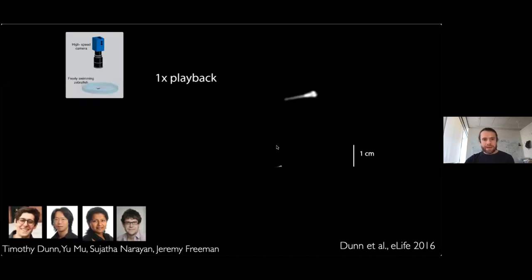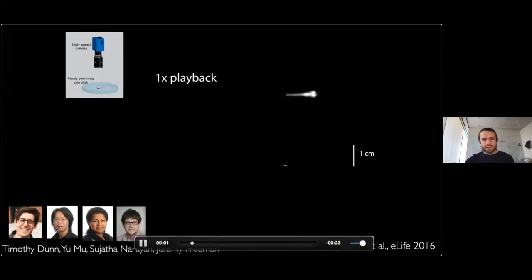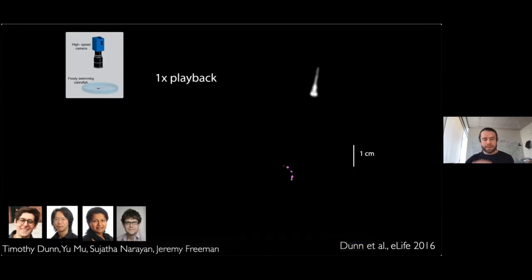This is a behavior that we observed in freely swimming animals. The behavioral work was led by Tim Dunn, who was a student at Harvard, and the imaging and optogenetics by Yumu, who used to be a postdoc in my lab here at Janelia. So it's a collaboration between the groups.